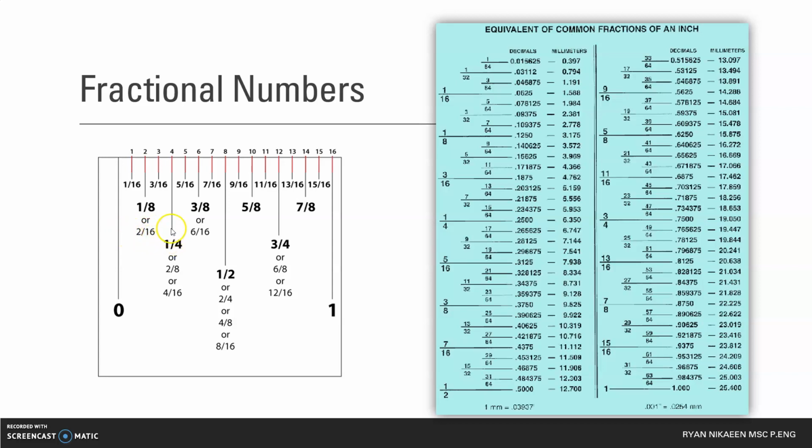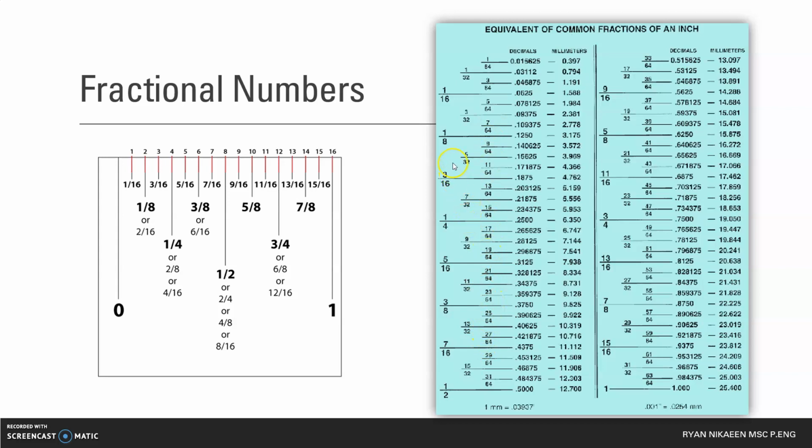If I divide it by 2, it's going to be 1/8, 1/16, 1/32, 1/64, 1/128. And now imagine you multiply any of those numbers by 1, 2, 3, 4, 5, 6, and so on. Those numbers, we call them fractional numbers.